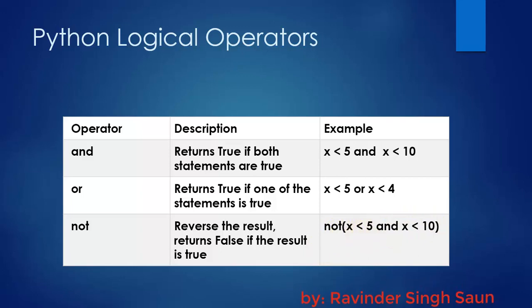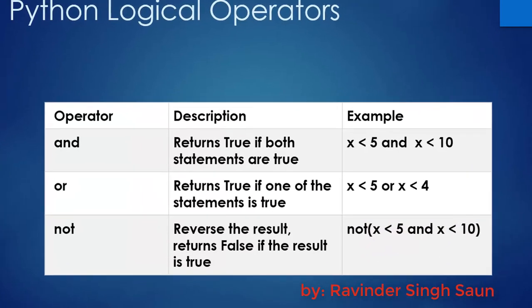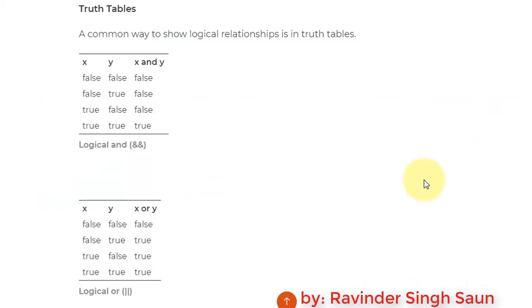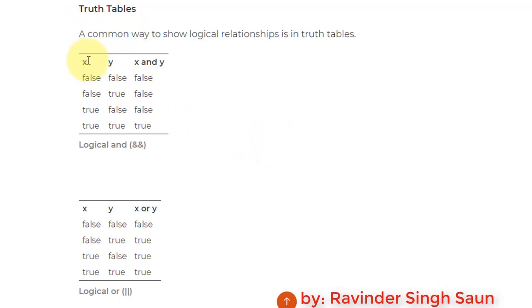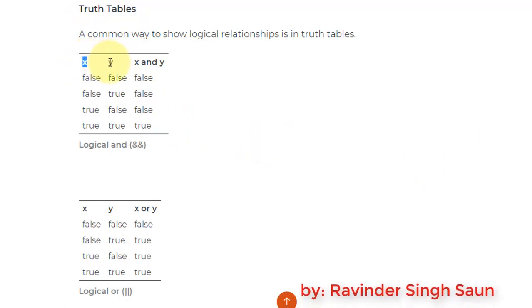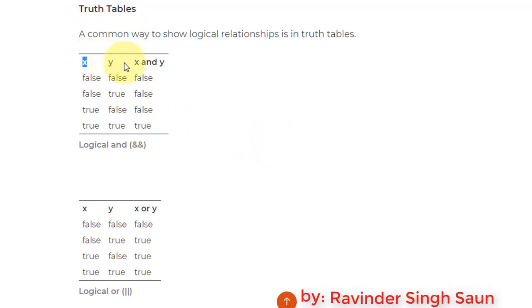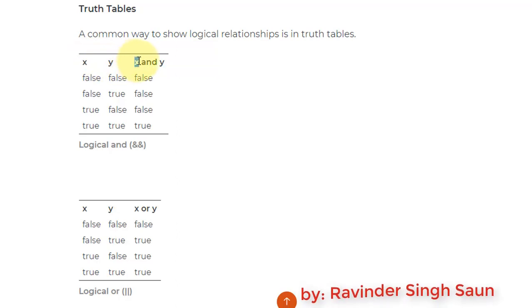Let us better understand with the help of a truth table. Now you can see the truth table on my screen. Let us assume that x is the left hand side and y is the right hand side. So you can imagine this is the expression which evaluates to true or false, called x. If both the values are false, then our logical AND returns false.